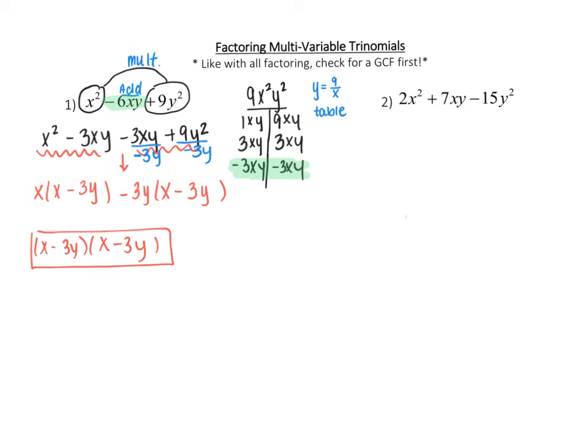All right, I'd actually like to make a comment on the structures of these multivariable trinomials. So the structure should be that this middle term, the exponent is always half of this exponent here. So if I have an x squared, this should be half of the power, which would be x. If this is a y squared, this in here should be half the power, which is y.